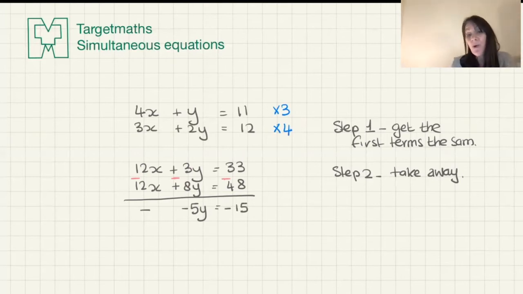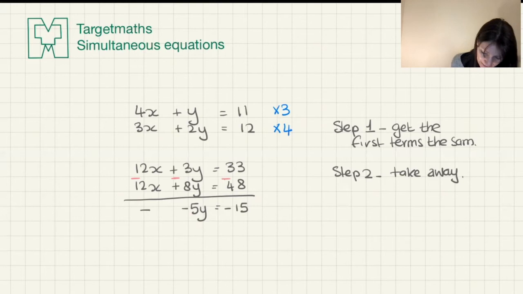Now, if I want to know what y equals, I have to get it on its own. So I'm now going to go back to my standard equation method. All right, now throughout our courses, you will see us using the hopping method. So I'm going to be using that here. So if I want y on its own, I'm going to pick up that times by negative 5. So let's pick that up.